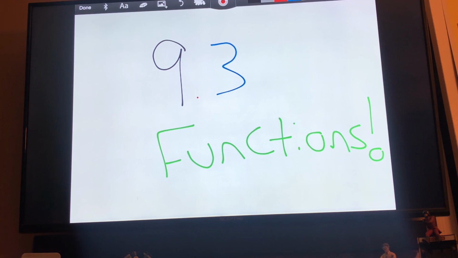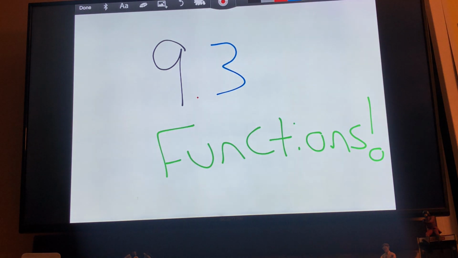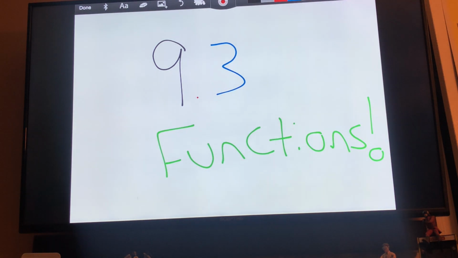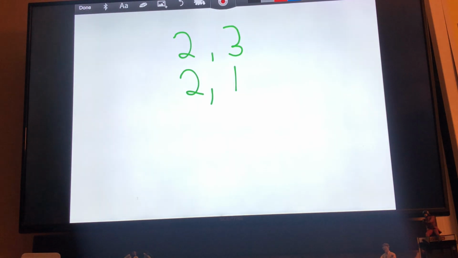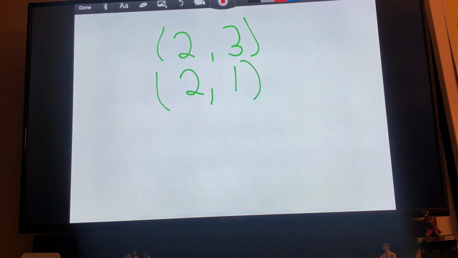So a function is a relation in which no ordered pairs have the same first coordinate. Like if you had 2, 2, and you had one that was 2, 1, and 2, 3. Using this for reference, which one do they share?